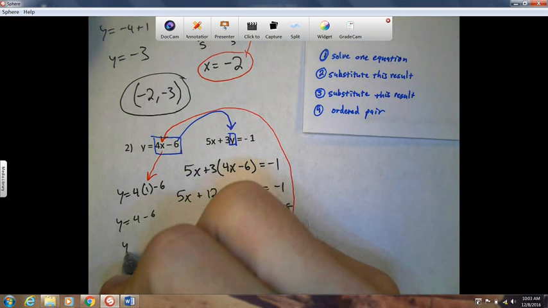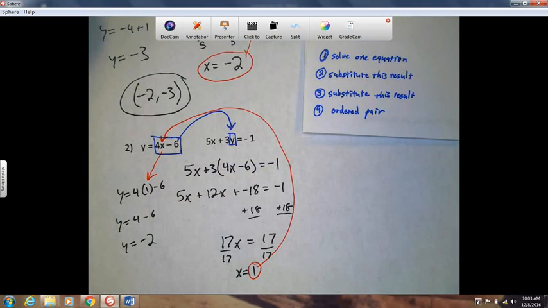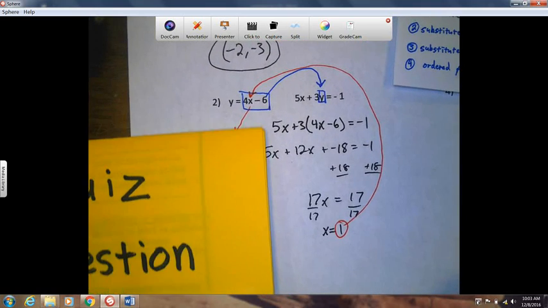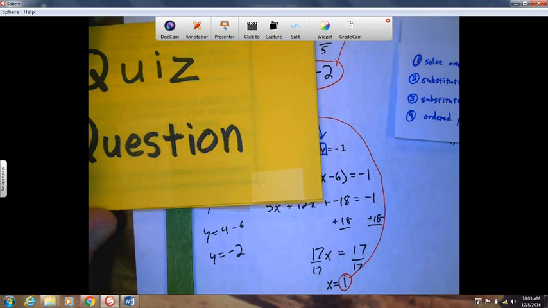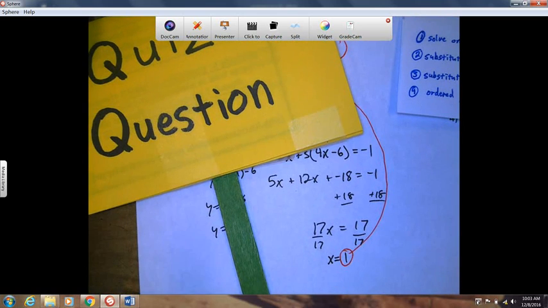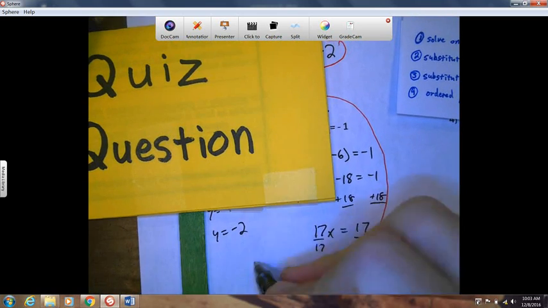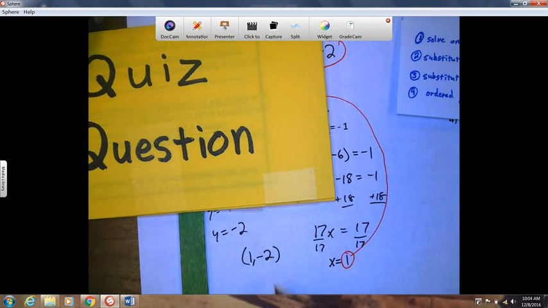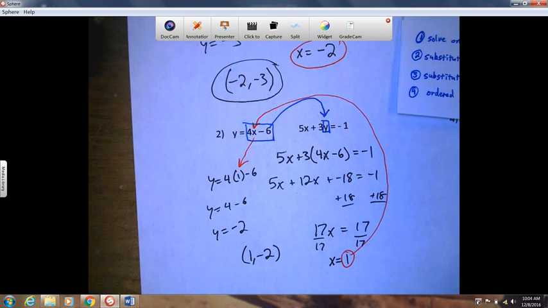And then a reminder, two things. First, write your answer as an ordered pair, if it's x and y. So in this case, my answer is 1, negative 2. The other is, make sure you know this is the point where they would cross. So if I were to graph these, this is the point where those two lines would cross. So it looks like that.